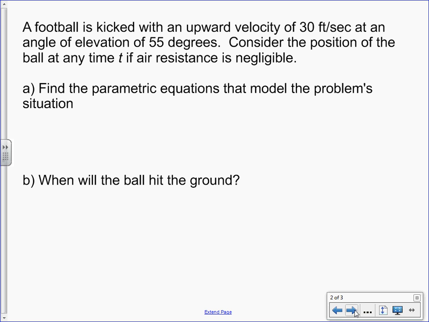Consider the position of the ball at any time t. We're not going to worry about air resistance. So the first thing we need to do is set up our parametric equations.